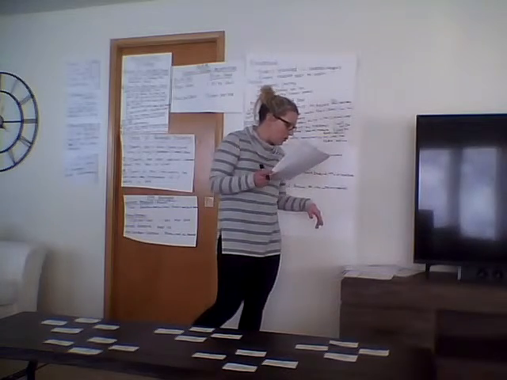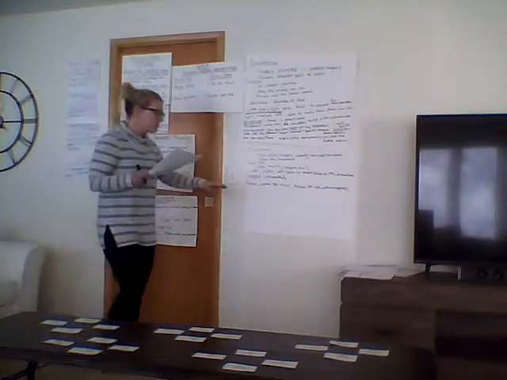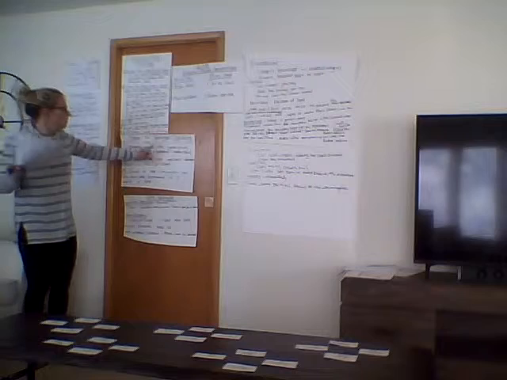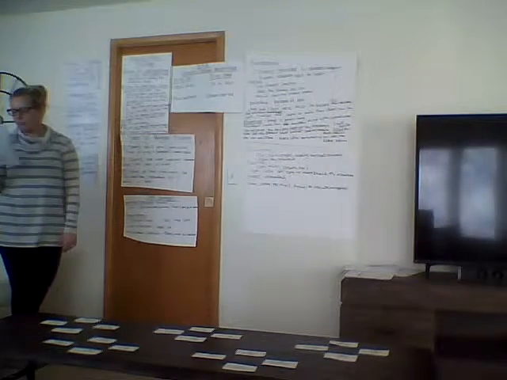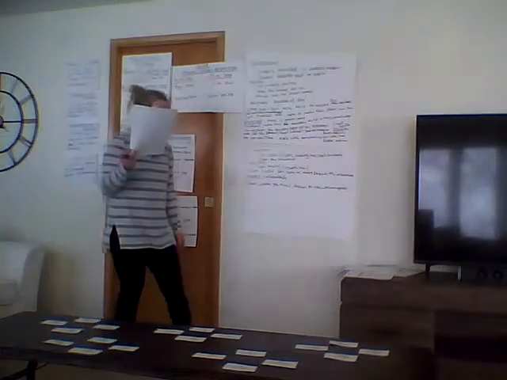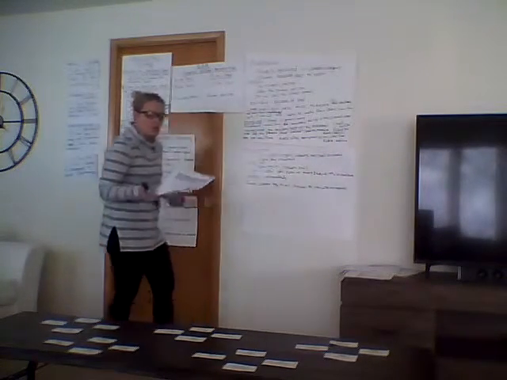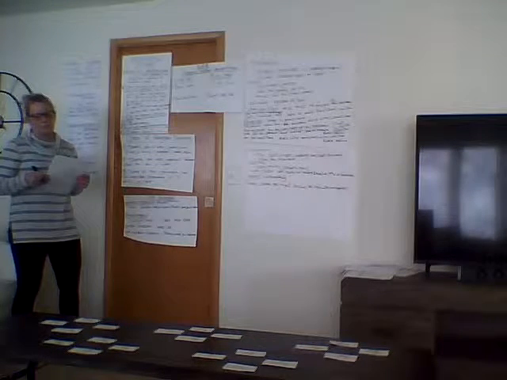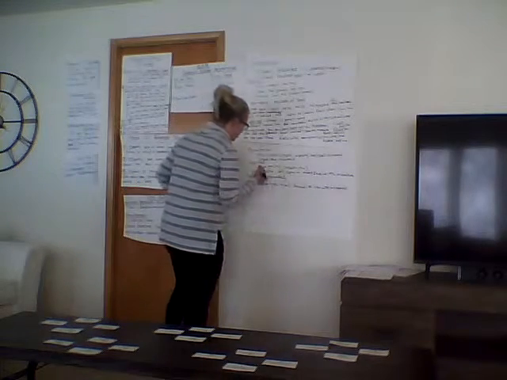Good job. So let's get the gist of it. That's our next step, right? First, we have to identify who or what the paragraph is mostly about. What do we think in this one? Jennifer. The landmarks. Yeah, I would say the landmarks are what it talked mostly about. And what about those landmarks? What about those landmarks do we need to remember? Brad? Yeah, that it helped the pioneers during their journey.